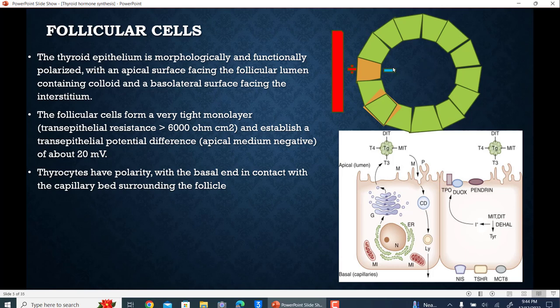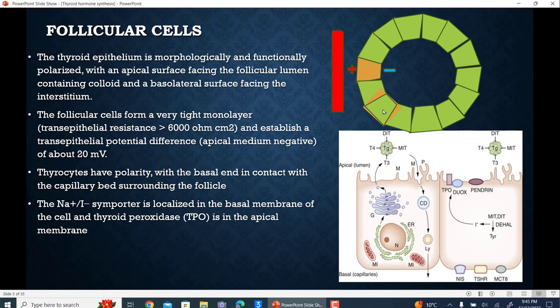Here at the apical portion it has 20 millivolts of negative charge. The thyroid has polarity, with the basal side in contact with the capillary bed surrounding the follicle. Here this polarity contains positive charge between the vessel, the interstitial space and the surface of the thyroid cell.